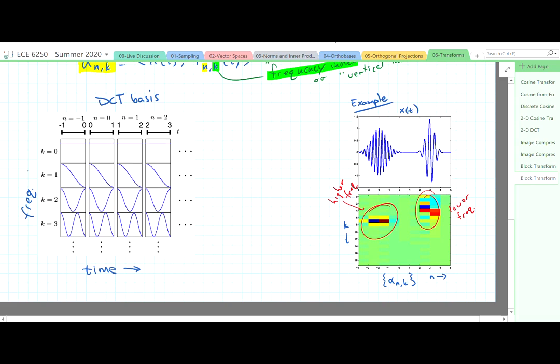And we have frequency on the y-axis, starting at lowest frequency at the top, higher frequencies as we go down. So if we took some signal like the one over here on the right, where I've written x of t, looks like we've got a pulse of a pretty high frequency and then a slightly larger pulse of a lower frequency, and we run it through this transform, this DCT, and to get the expansion coefficients, we get something like this.